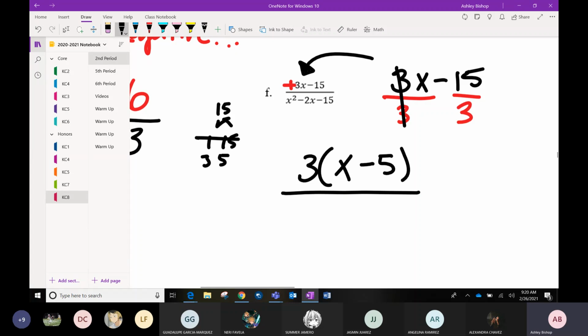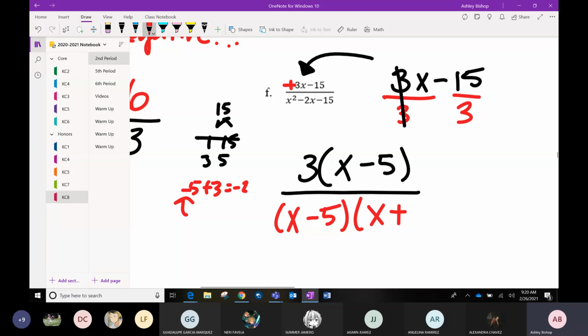I hope you agree with me that 3 and 5 will somehow get me to -2. And if I do -5 plus 3, that will get me to -2. So that would be x minus 5, if the 5 is negative, x minus 5, x plus 3.